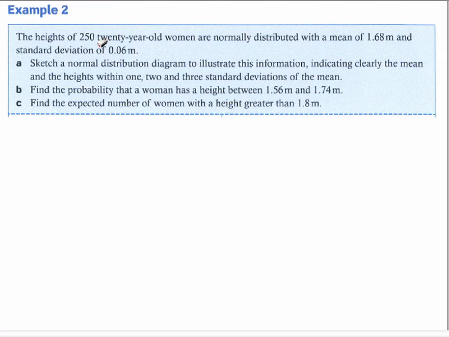Okay, let's take a look at one more example. The heights of 250 20-year-old women are normally distributed with a mean of 1.68 meters and a standard deviation of 0.06. Sketch the normal curve, clearly indicating the mean and the heights and so forth. Okay, it's like we did before. So here's the curve.